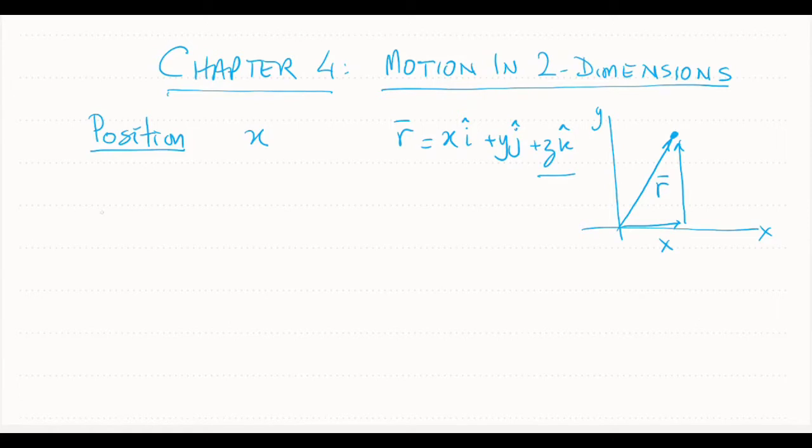Now the next thing we saw was displacement. In 1D, displacement was delta x, which was x final minus x initial.